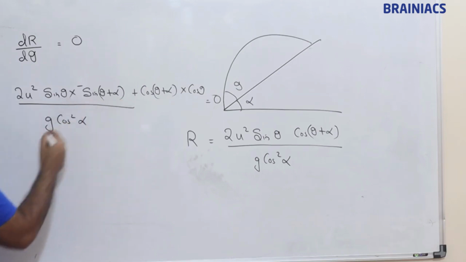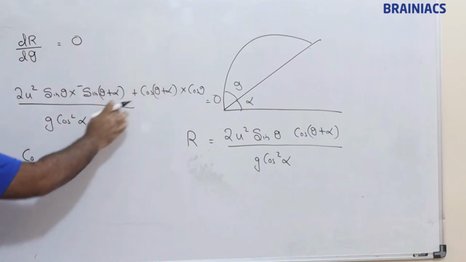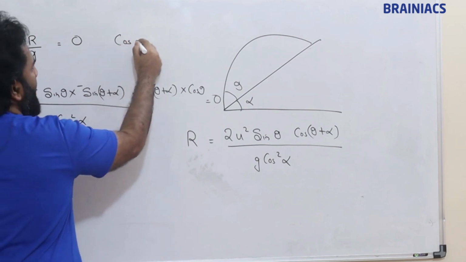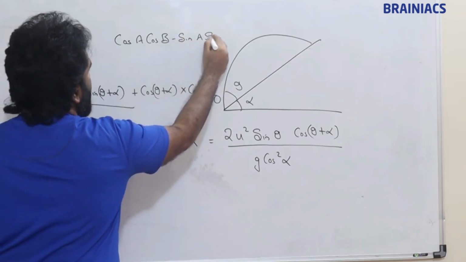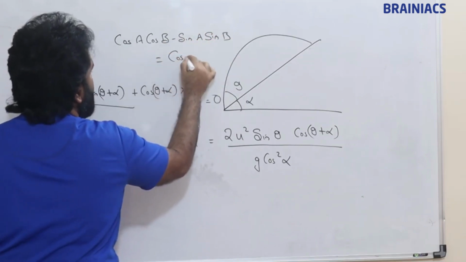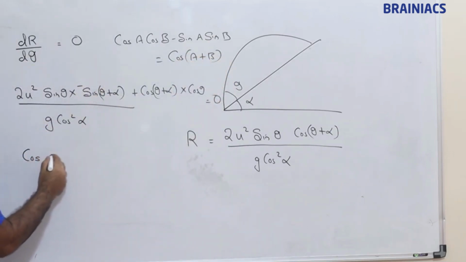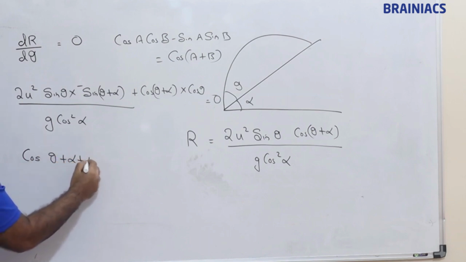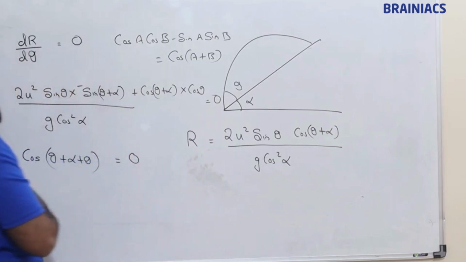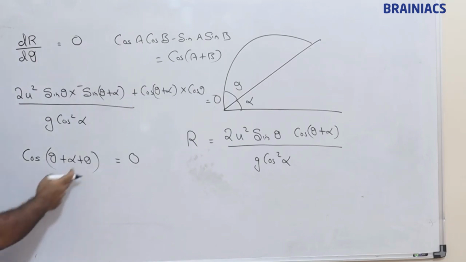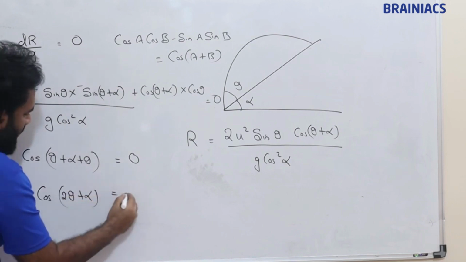Now cos A cos B minus sin A sin B is equal to cos of A plus B. So I could write cos of theta plus alpha plus theta. This is equal to 0. Understood the relation? Now what I am getting is simply cos of 2 theta plus alpha is equal to 0.